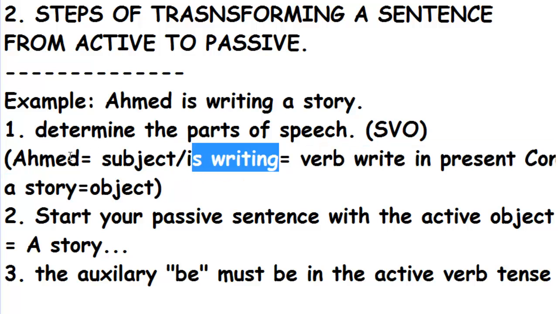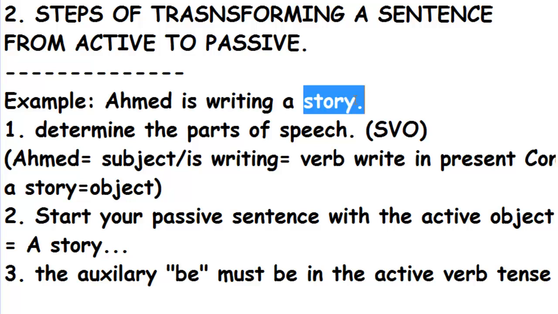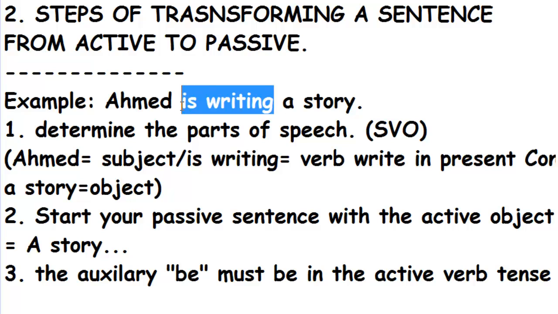We say, for instance, Ahmed is writing a story to learn English, or to express his feelings. So in this situation, to express or to learn, or any other verb apart from is writing, is not necessary, so you don't have to change it.